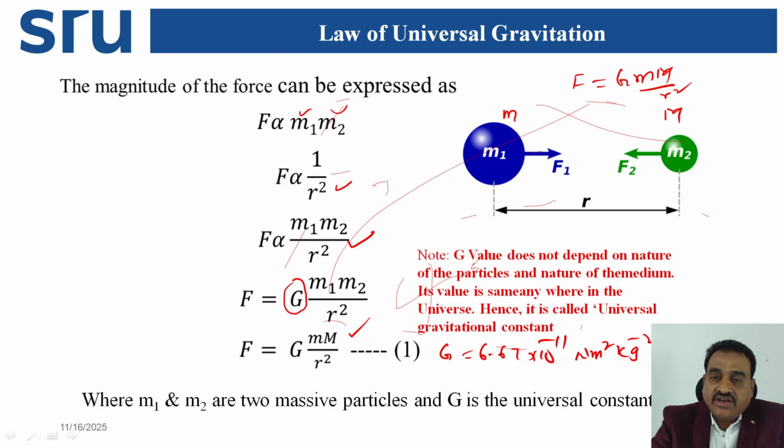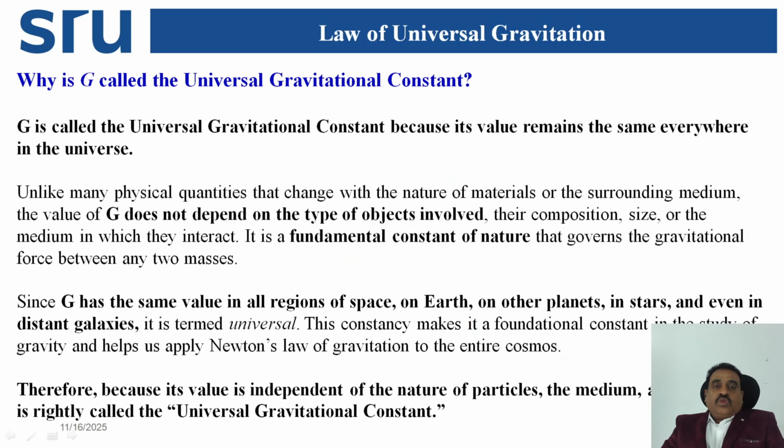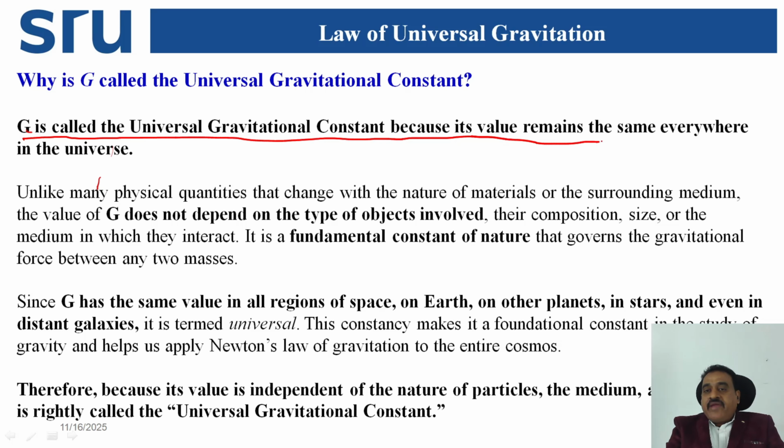Why is capital G called the universal gravitational constant? The reason is that its value remains the same everywhere in the universe.